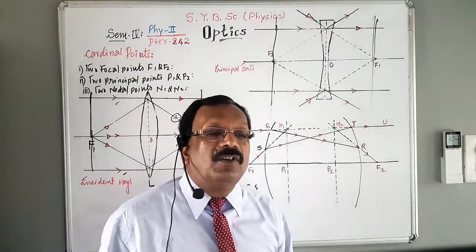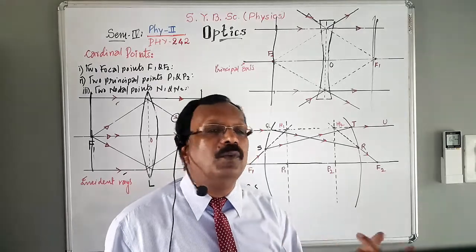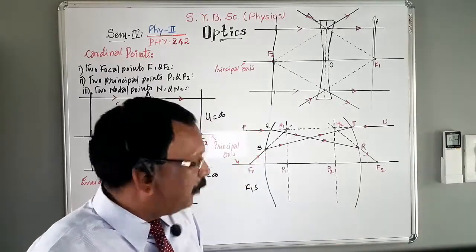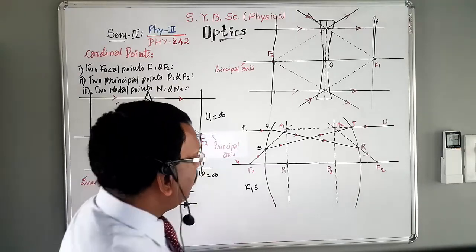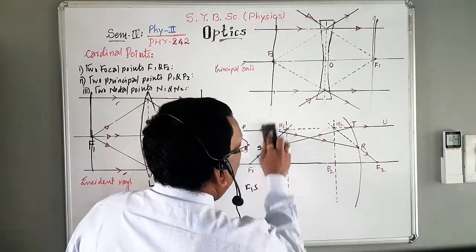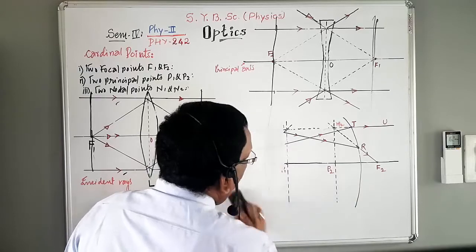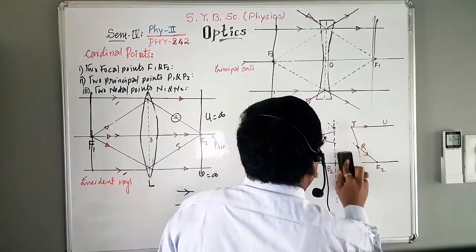Now, last but not least, nodal points and nodal planes. The same figure is there, only there is a minute difference. So I am just going to make some changes in this figure.